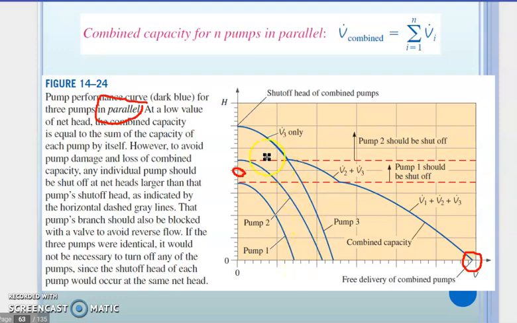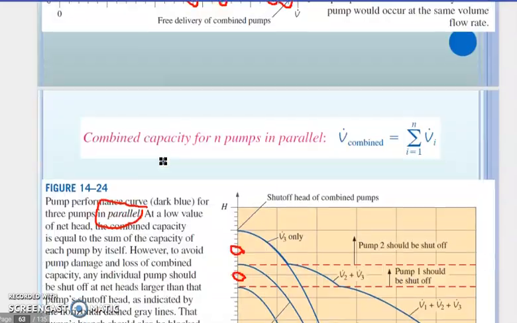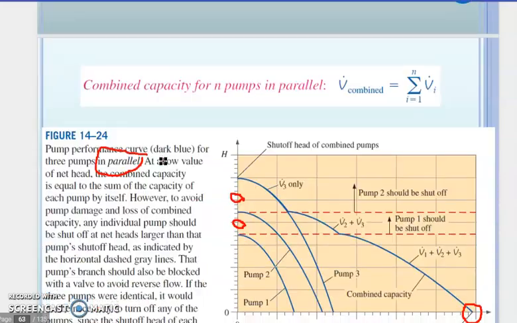Similarly, if you operate here, you need to shut off pump number 2 as well, because here it is already enough for pump number 2 and pump number 3. And this one is already enough for pump number 3 to operate at this head. So that is how it works when you have three dissimilar pumps.